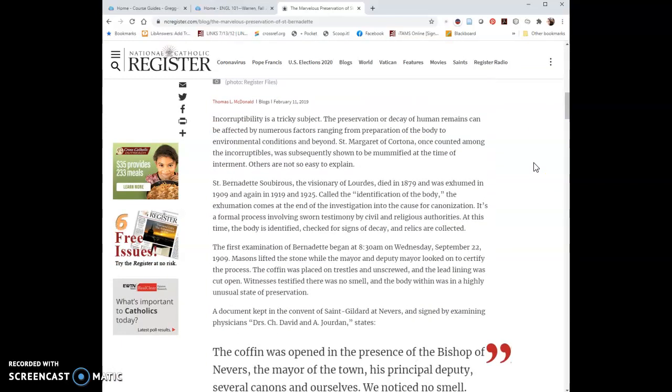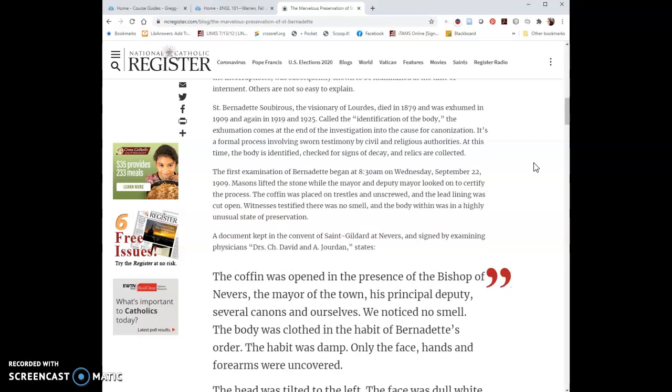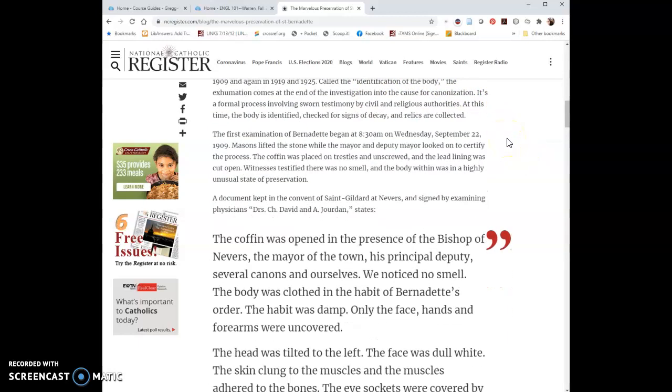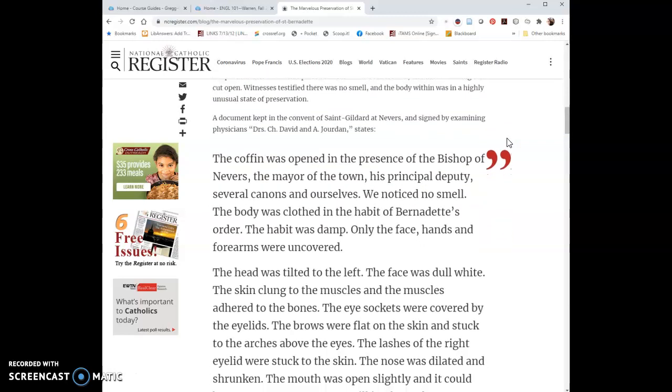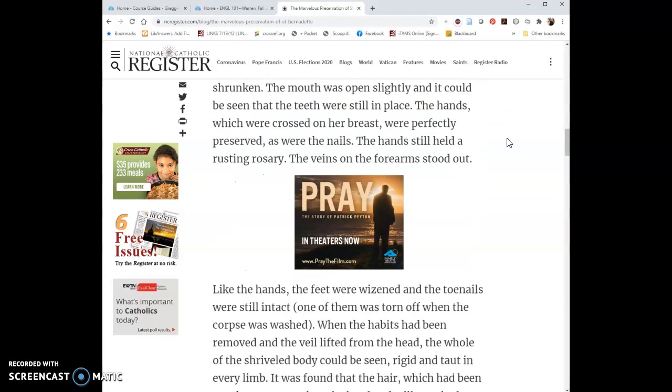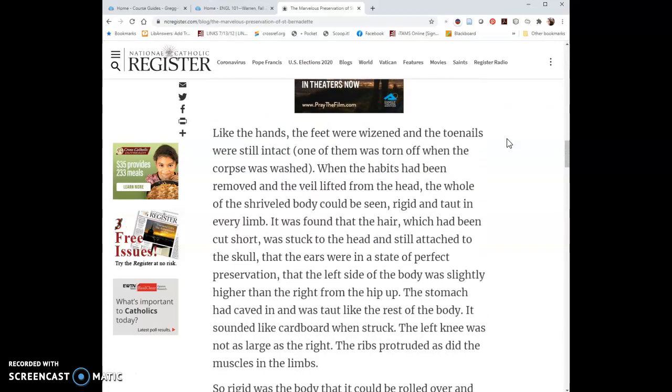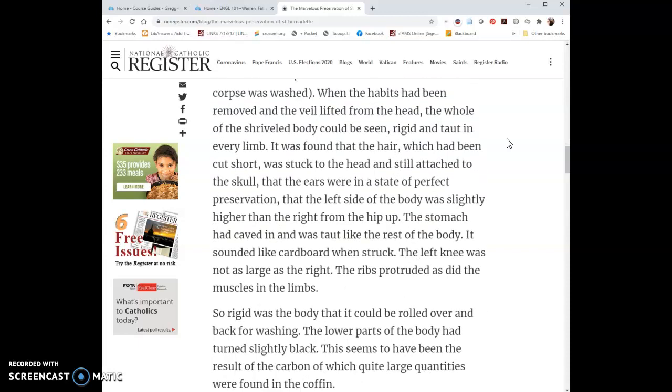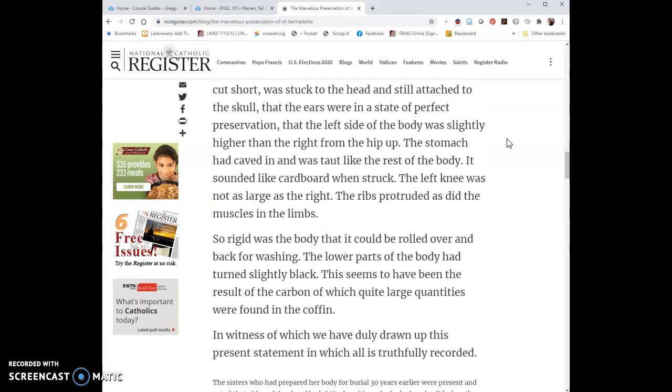It does talk about incorruptibility, and it talks about how her body was exhumed, and they went through and basically did a complete assessment of her body to decide whether or not it had decomposed or deteriorated at all.